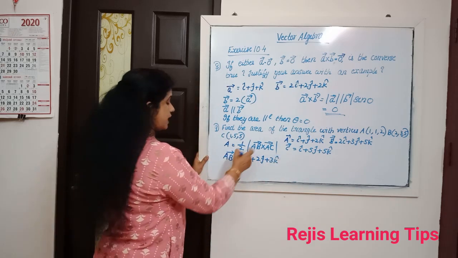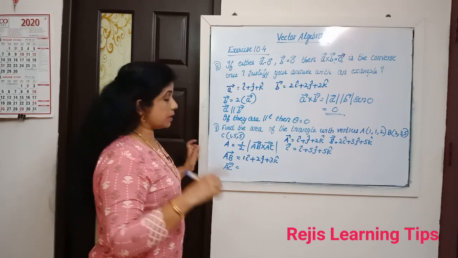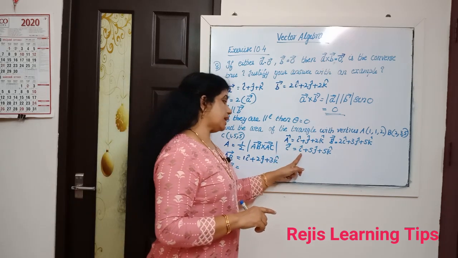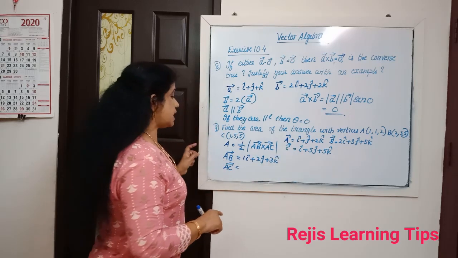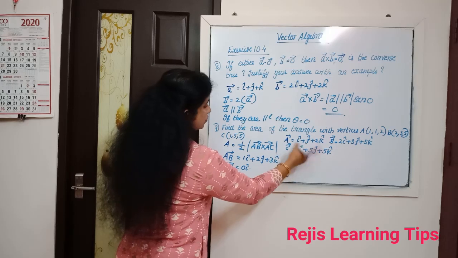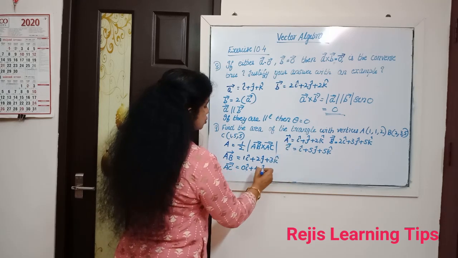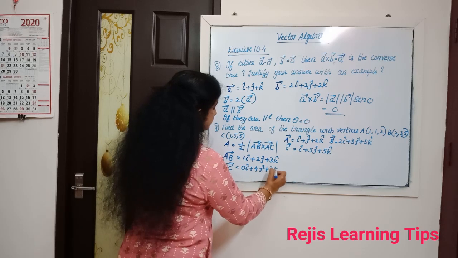Then next we should find AC. Vector AC is equal to C minus A. 1 minus 1 is 0 i cap, then 5 minus 1 is 4j cap, then 5 minus 2 is 3k cap.